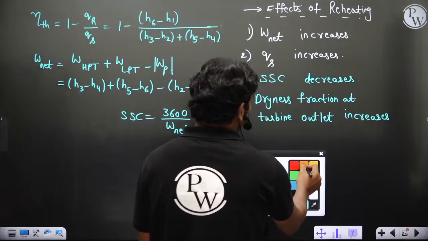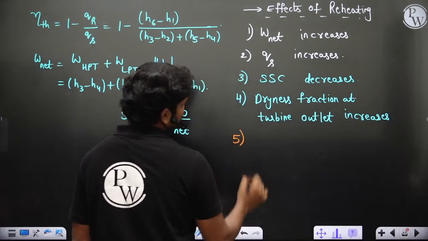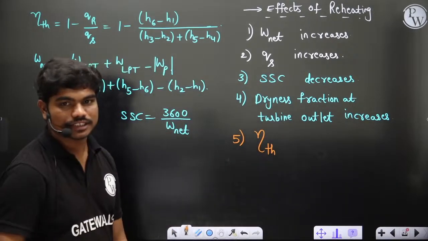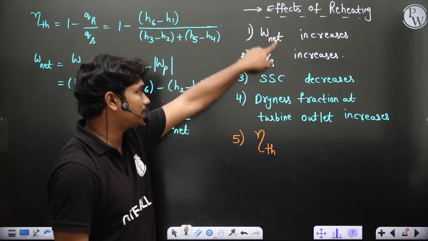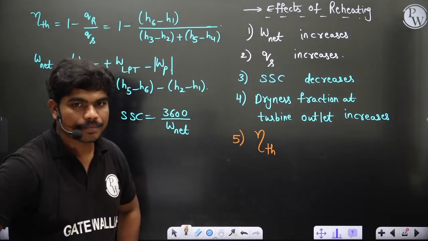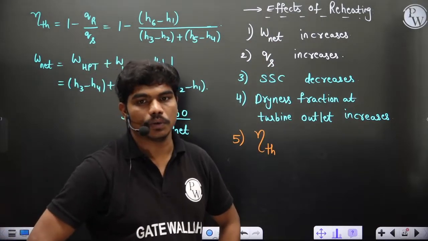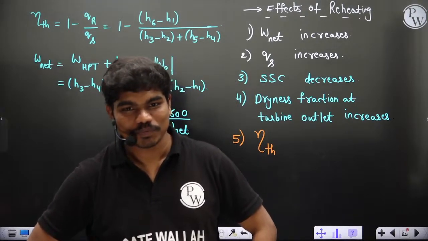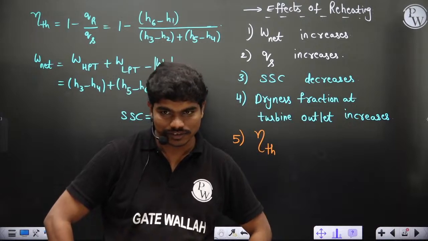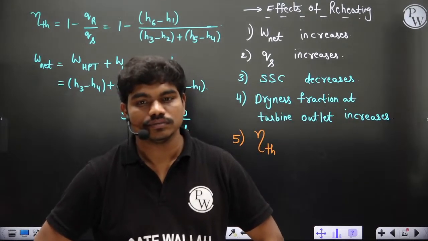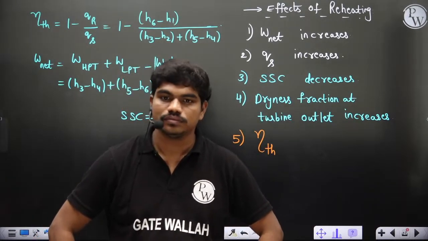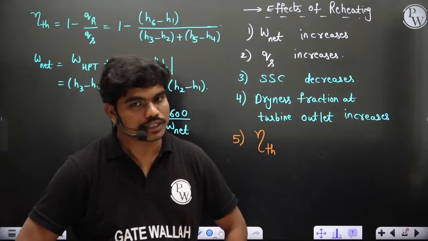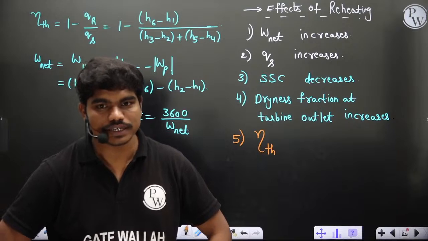Okay, so fine. One very important point. What happens to thermal efficiency? Because these two are increasing, W net is increasing and QS is also increasing.